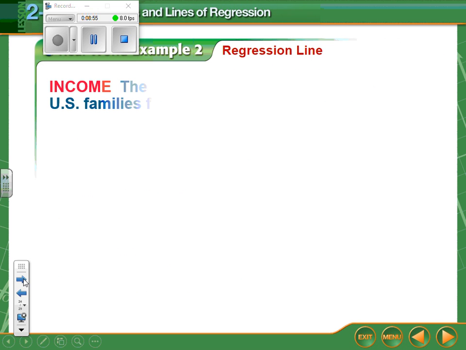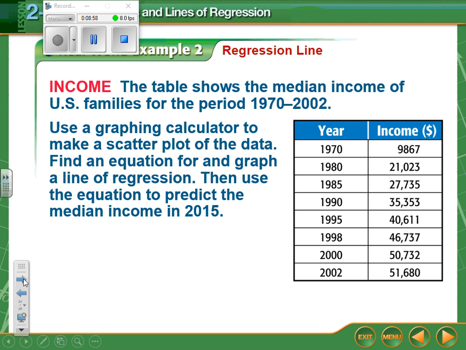But either way. All right, this shows the median income of U.S. families from 1970 to 2002. So in 1970, the median income was about $10,000.